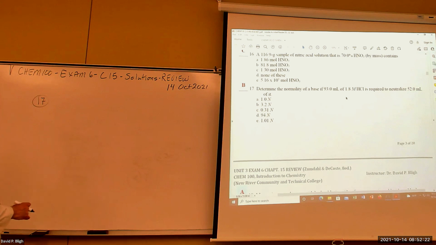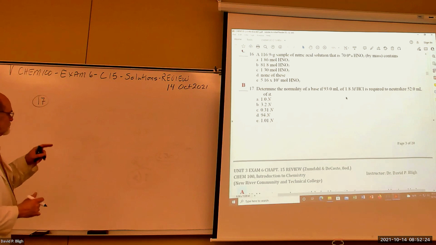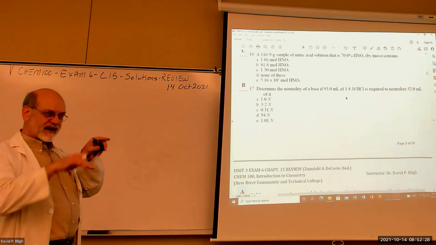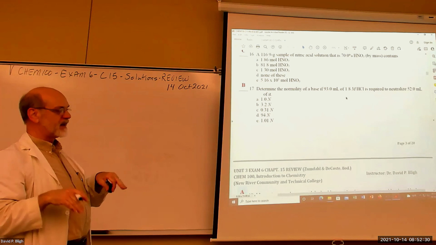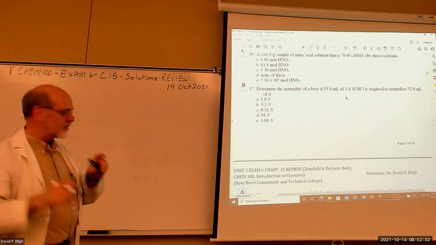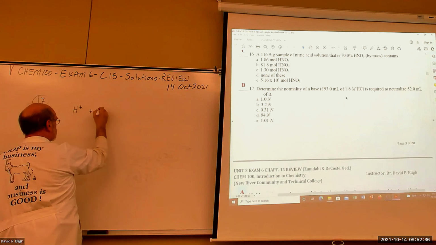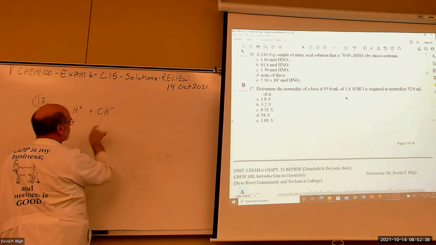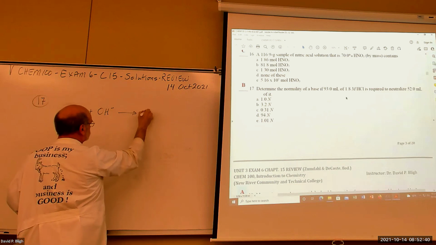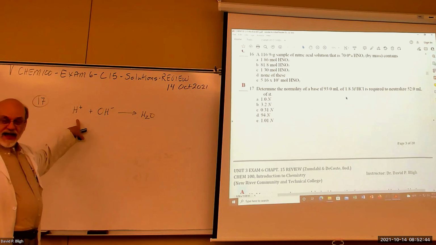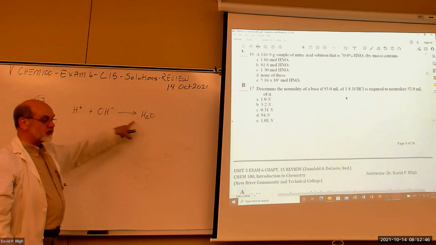Okay. What do we know if we got exact neutralization? That is, the number of moles of hydrogen ions is equal to the number of moles of hydroxyls. For an acid-base reaction, that is true no matter what.